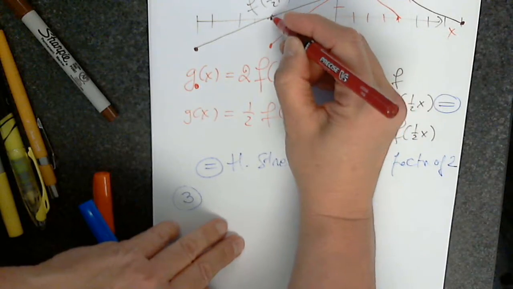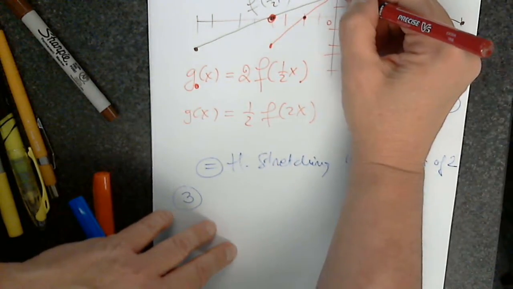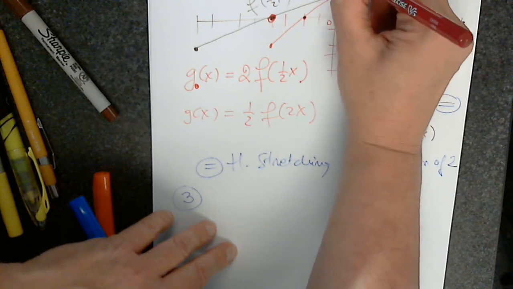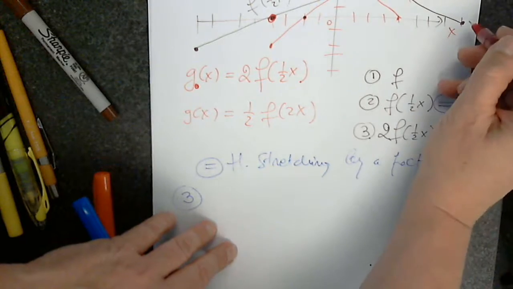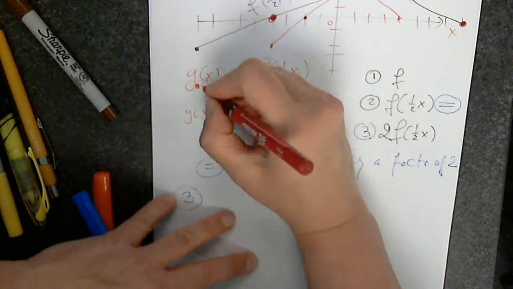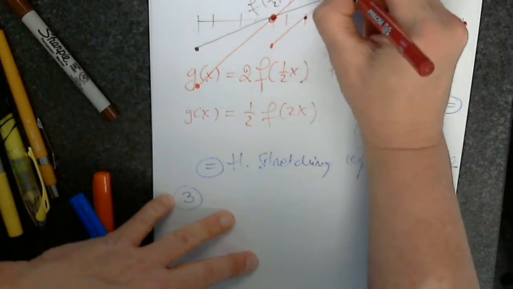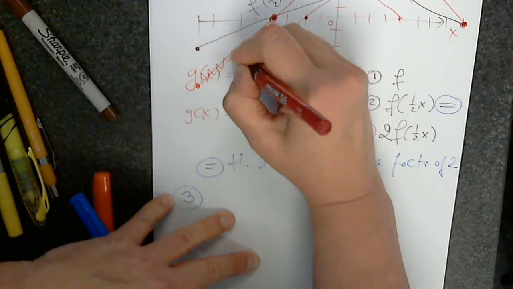The height here is 0. It will not go anywhere. The height here is at 2. It will go to 4. The height here is 2. It will go to 4. The height here is 0. It will not go anywhere. So this is the final function.